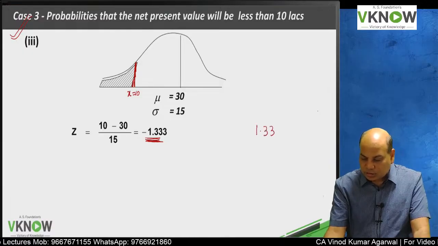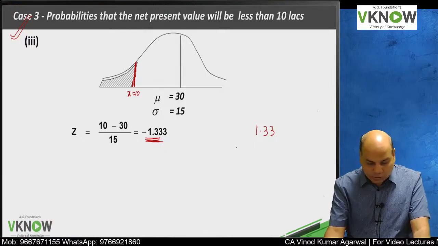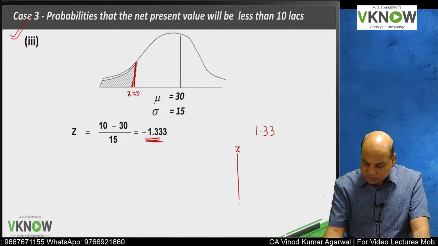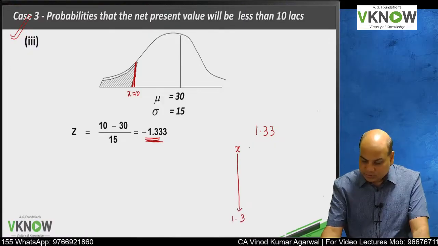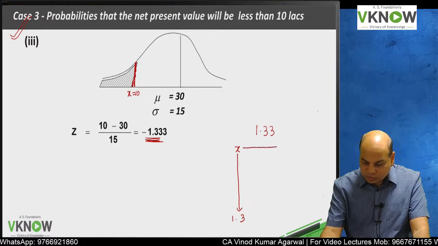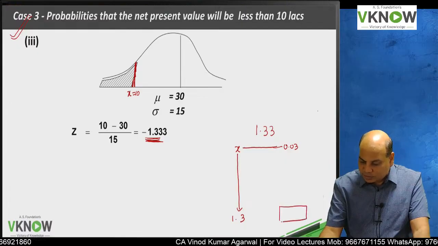Search for the number 1.33 in the normal table. First you come to the first column. You will find 1.3 here, and then in the top row you go to 0.03 and you find the probability here.